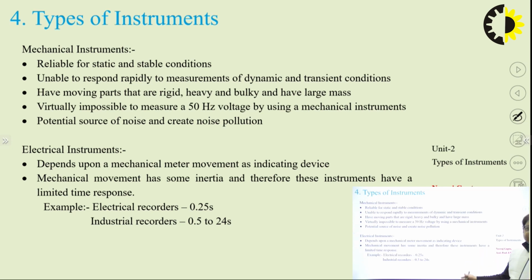Time response limited means the response to variation in the input. For example, electrical recorders have a time response of around 0.25 seconds, that is 1/4 of a second, and industrial recorders have 0.5 to 24 seconds.